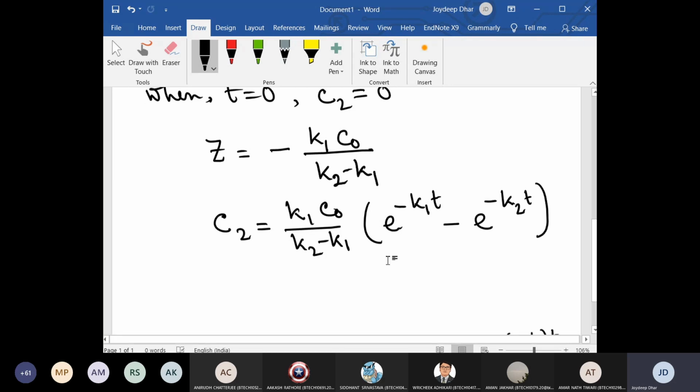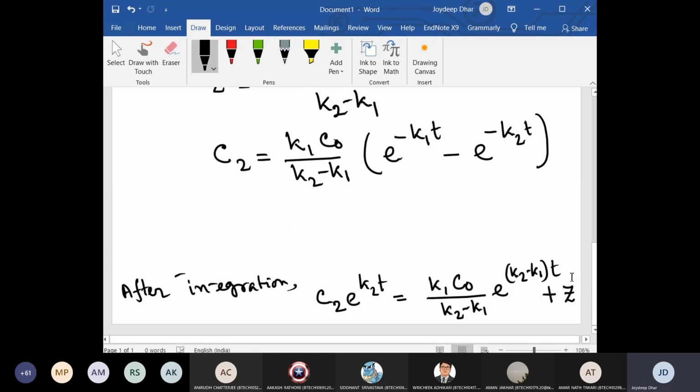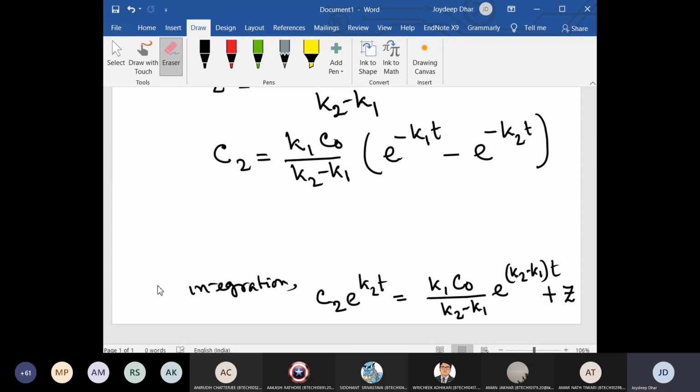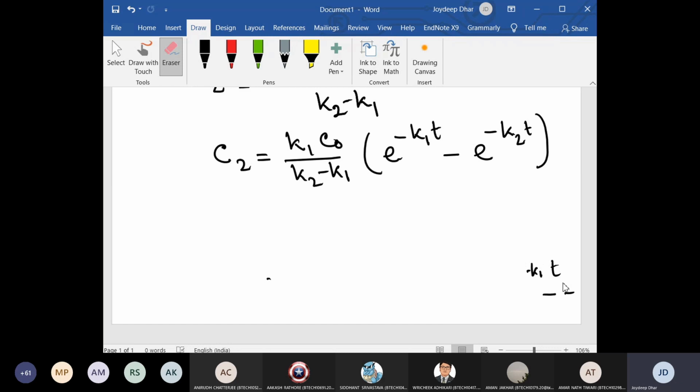You can derive this also after putting the value of Z and rearranging, and you will finally get the concentration of component B, that is C2. So I now have two components, component A and component B, and after time T, their concentrations are C1 and C2 respectively.